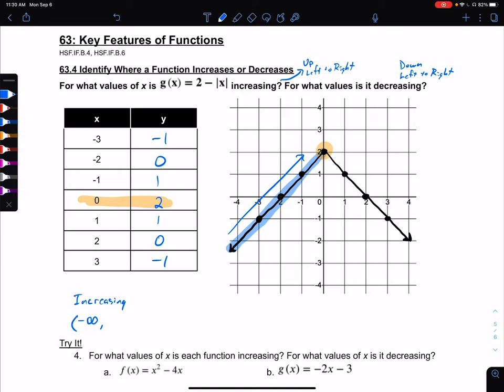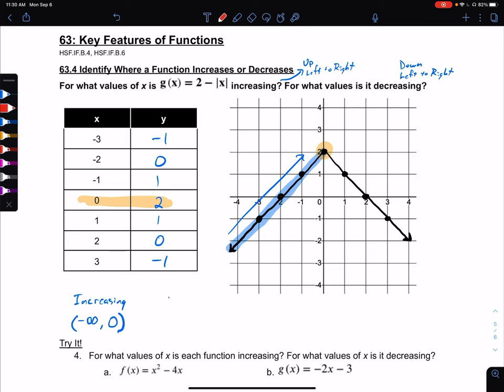Well, that's 0. At this orange highlighted point, is my graph increasing or decreasing? Well, that's where it's changing direction. So that 0 is not included as part of the increasing. It's just our boundary, so we put a parenthesis.